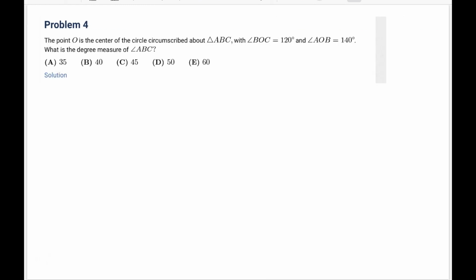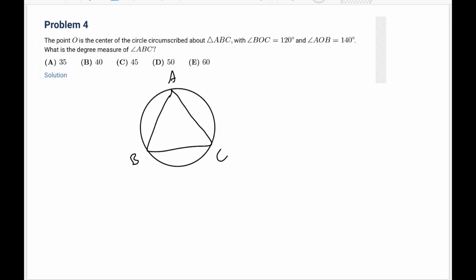Problem number 4. The point O is the center of the circle circumscribed about triangle ABC, with angle BOC 120 and angle AOB 140. What is the degree measure of angle ABC? So if O is in the middle, then BOC is 120 and AOB is 140.